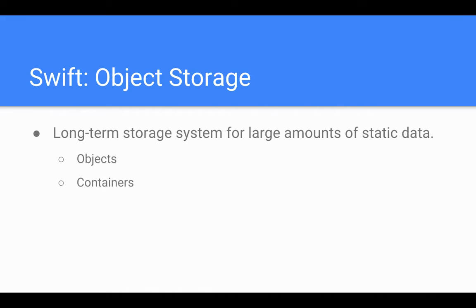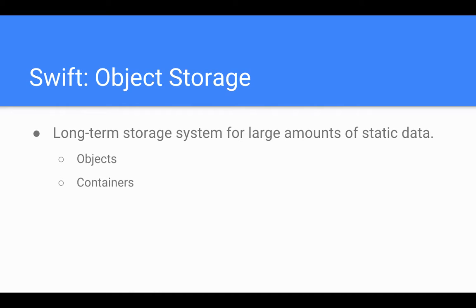Objects refers to data, and data could be images, documents, everything that you need in your cloud, something static. And containers are namespaces that are used to group objects. So you can place many objects inside a container and have a lot of containers in your cloud.